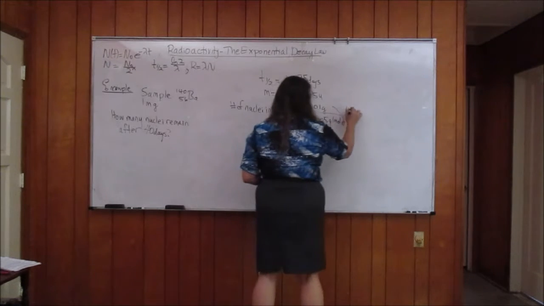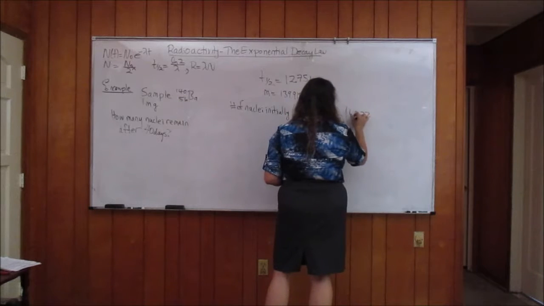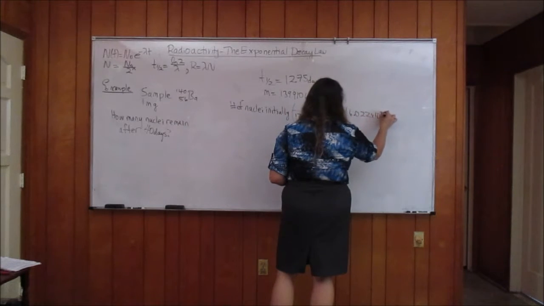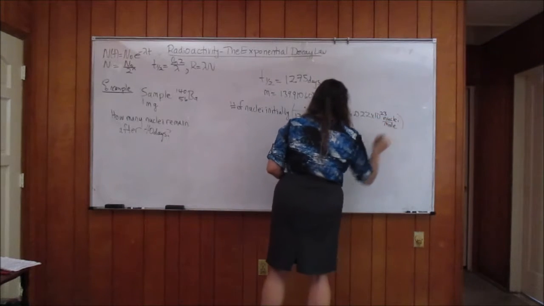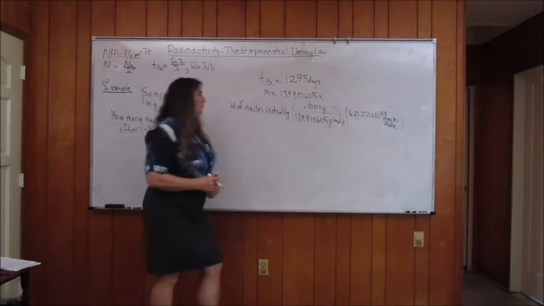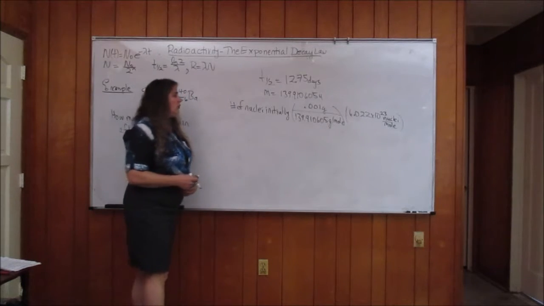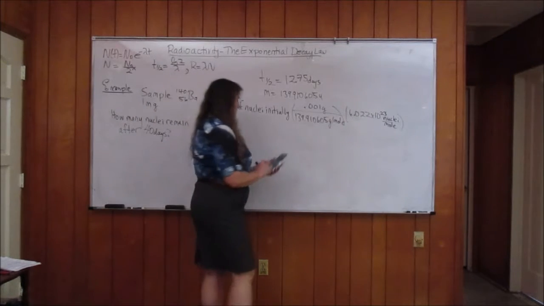And we also know that there are 6.022 times 10 to the 23rd nuclei in a mole.